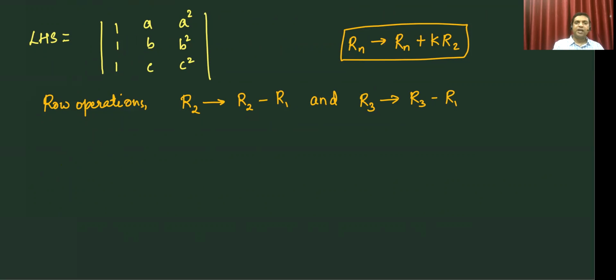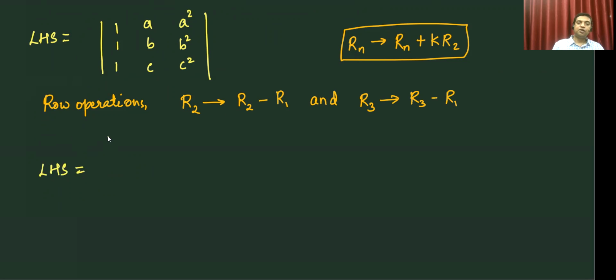Why? Because, very important, I want to make these two zeros. If I make these two zeros, it will become very easy for me to evaluate the determinant. Because this 1 and 1 are there, I can easily make them zeros.